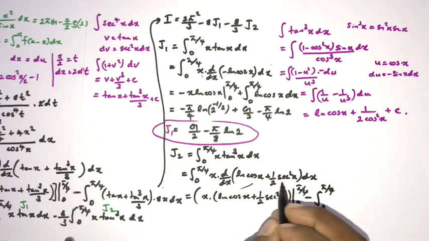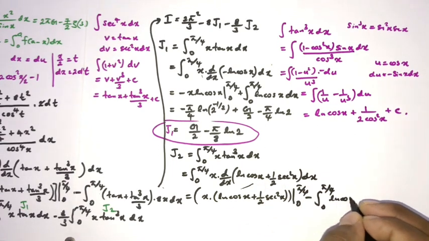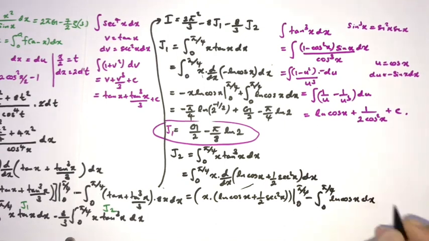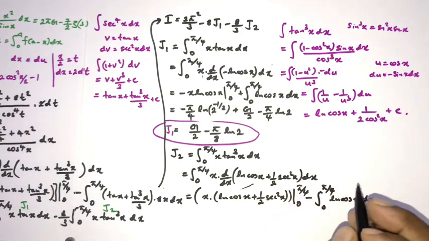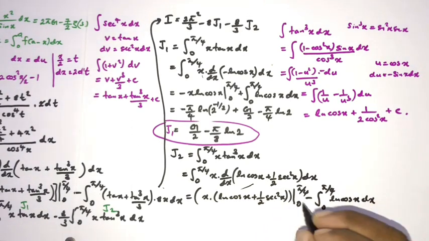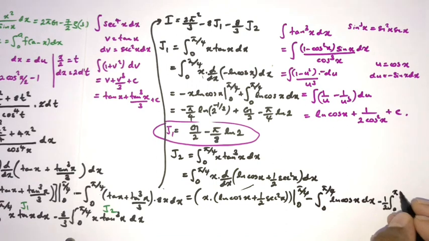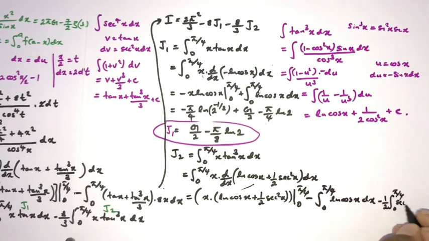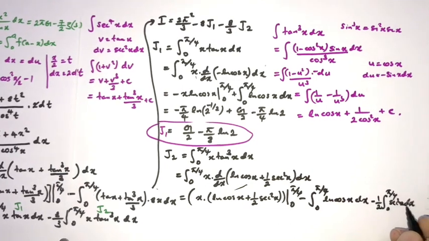Now again we can split this integral into different integrals. So the integral from 0 to pi over 4 of natural log of cosine of x dx, and minus 1/2 times the integral from 0 to pi over 4 of secant square of x dx.